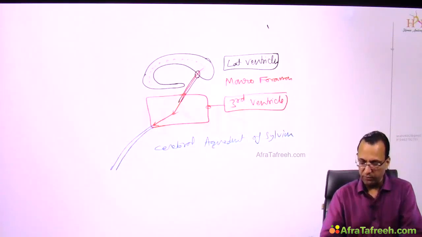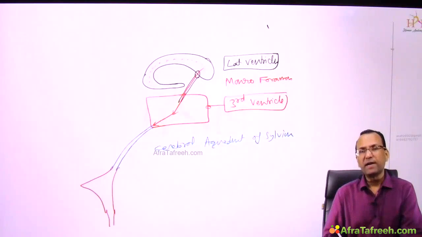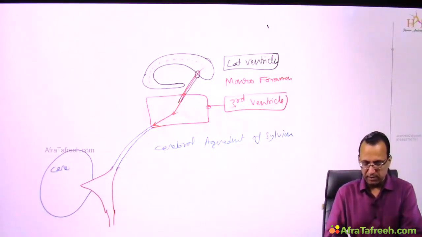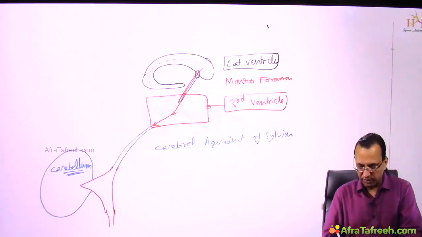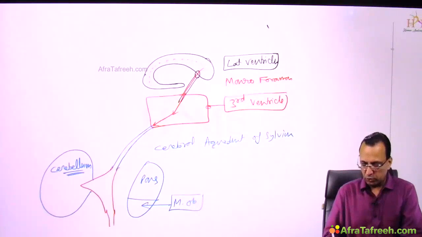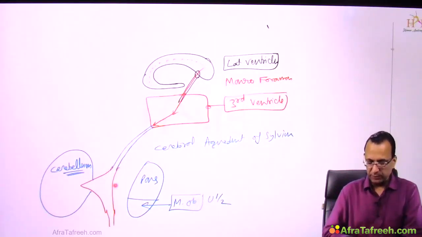And when you are talking about the fourth ventricle, what is it sandwiched between? It is sandwiched between a structure which is posterior, the cerebellum, as the roof of the fourth ventricle, whereas the floor is the pons, and not only the pons but also the upper half of the medulla oblongata.